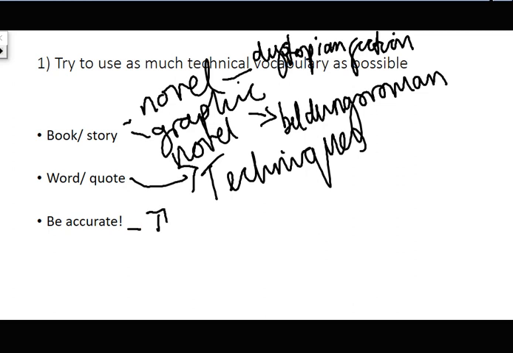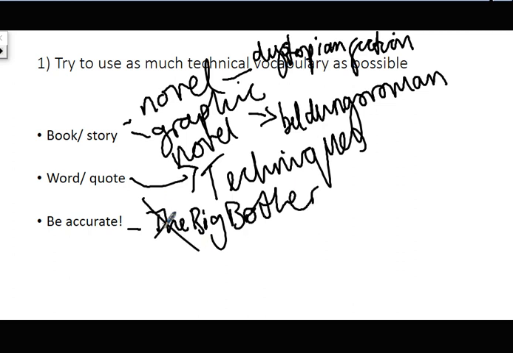So I'm seeing a lot of the Big Brother. It's not. It's Big Brother. And things like the Society of 1984. Well, you would say the Society of Oceania in 1984. So just make sure you're getting things like that correct. Also, authors' names.